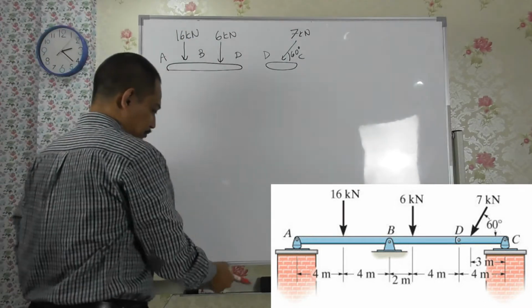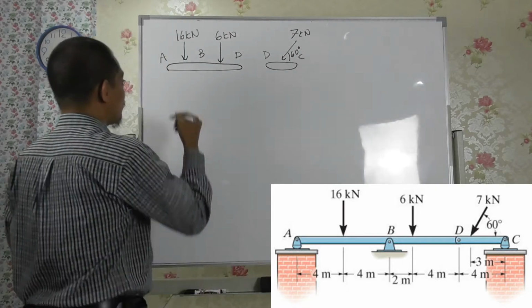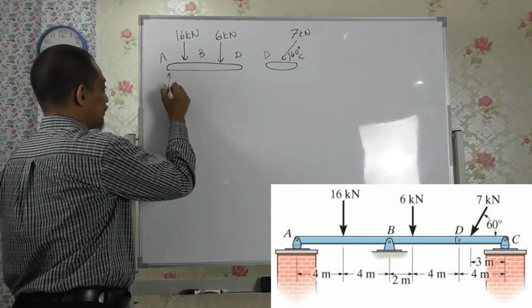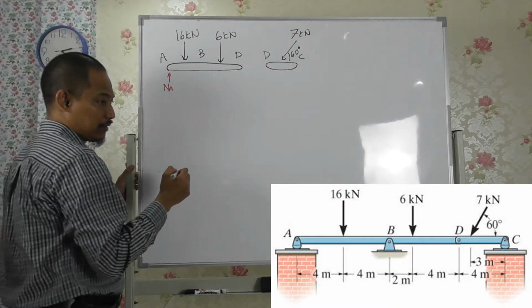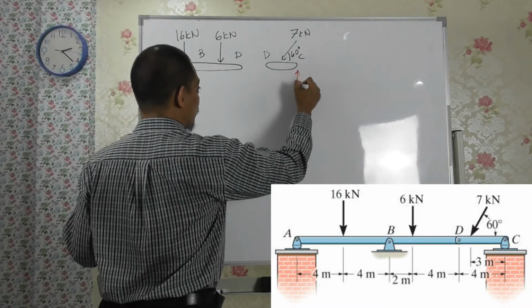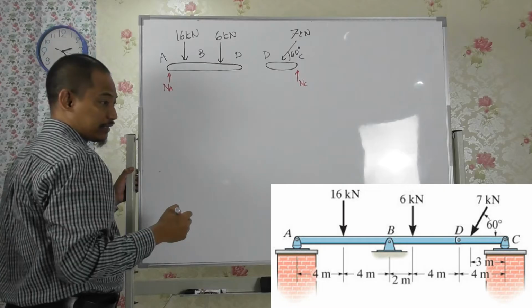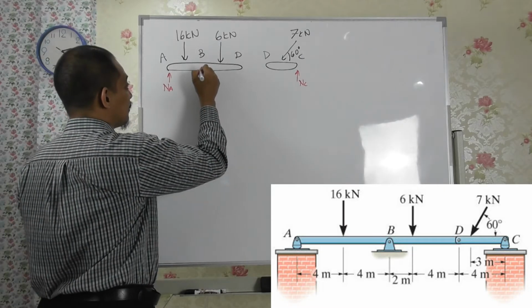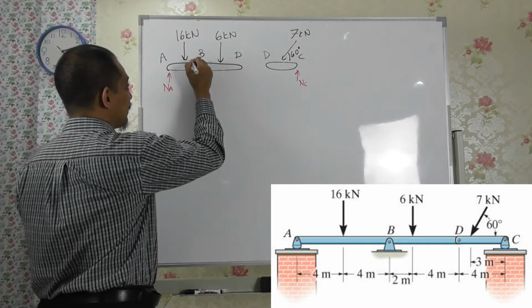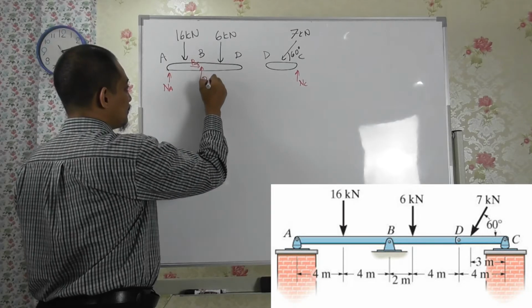Right, so now you have to identify the support reactions. Here we have a normal force at A. At C you also have a normal support. And then at B you'll have Bx and By.